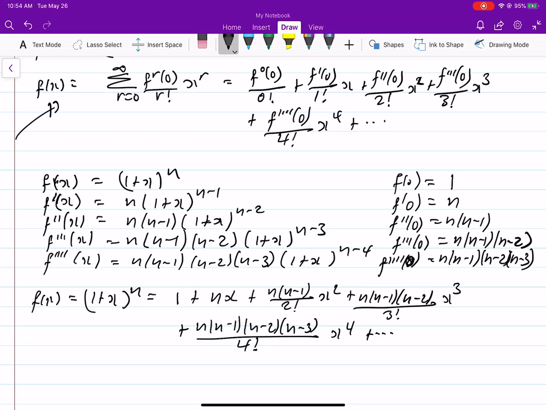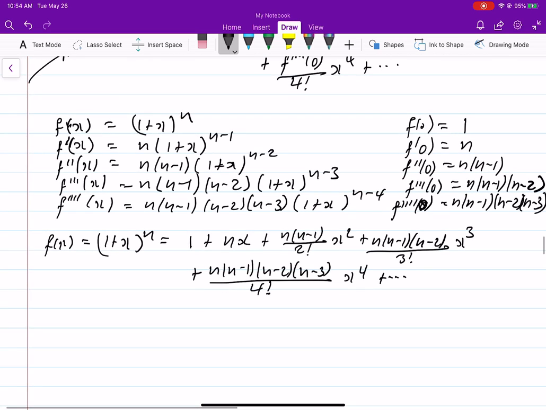Do you recognize this? This series expansion looks familiar? Well, you better, because this is the binomial theorem expansion, the binomial series expansion. That's the binomial theorem right there.